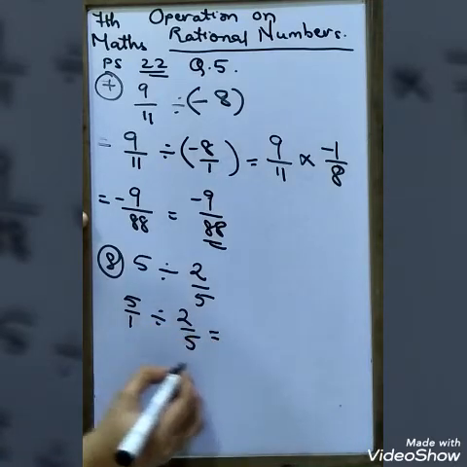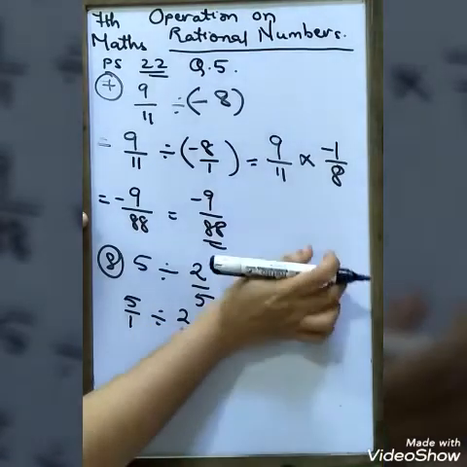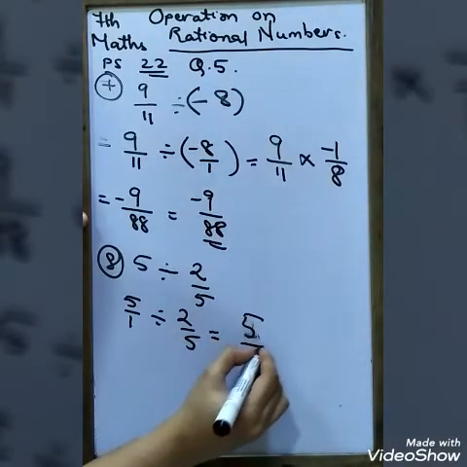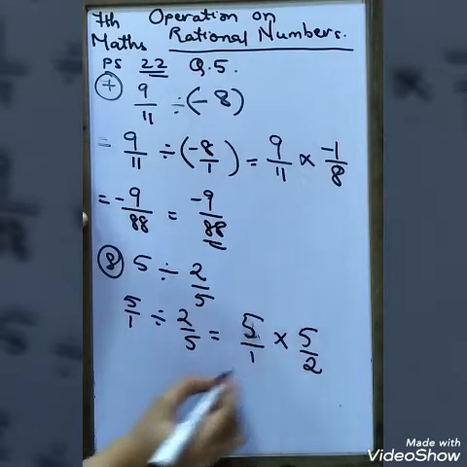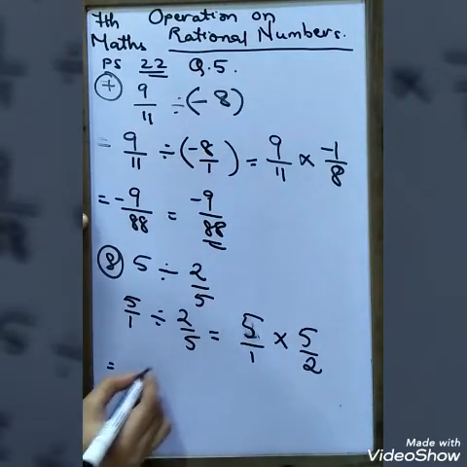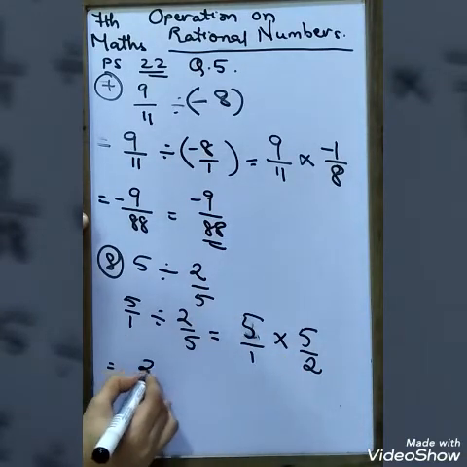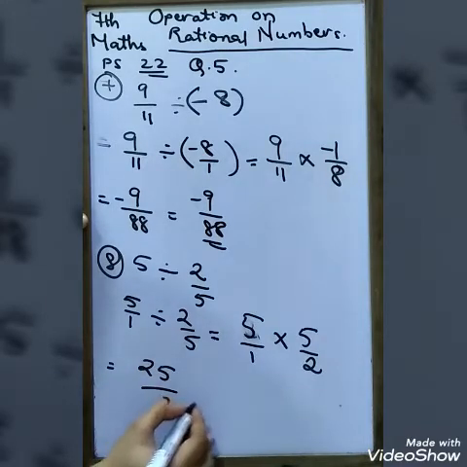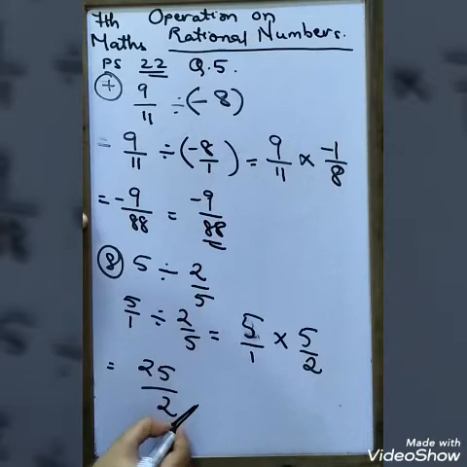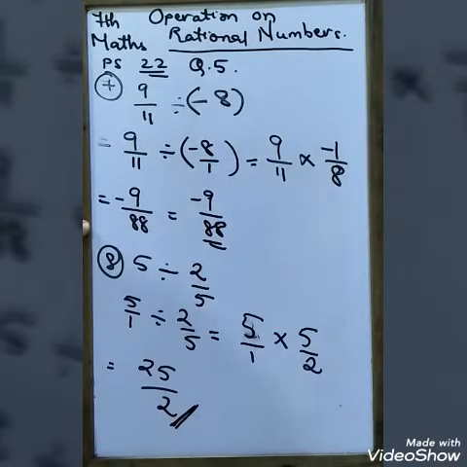That will be equal to 5 upon 1 into 5 by 2. That will be equal to 5 5s are 25 upon 2. So the answer is 25 upon 2.